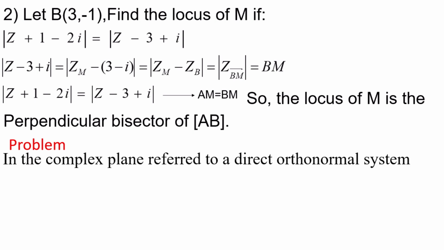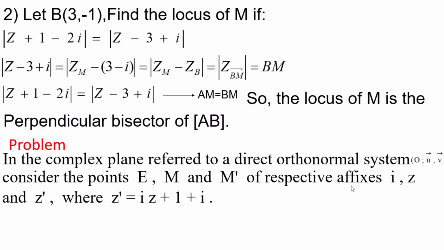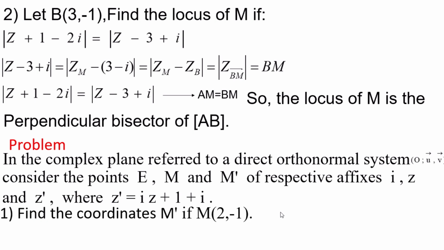Problem: in the complex plane referred to a direct orthonormal system, consider the points E, M and M prime of respective affixes i, z and z prime, such that z prime equals iz plus 1 plus i. First part: find the coordinates of M prime if M has affix 2 minus i.